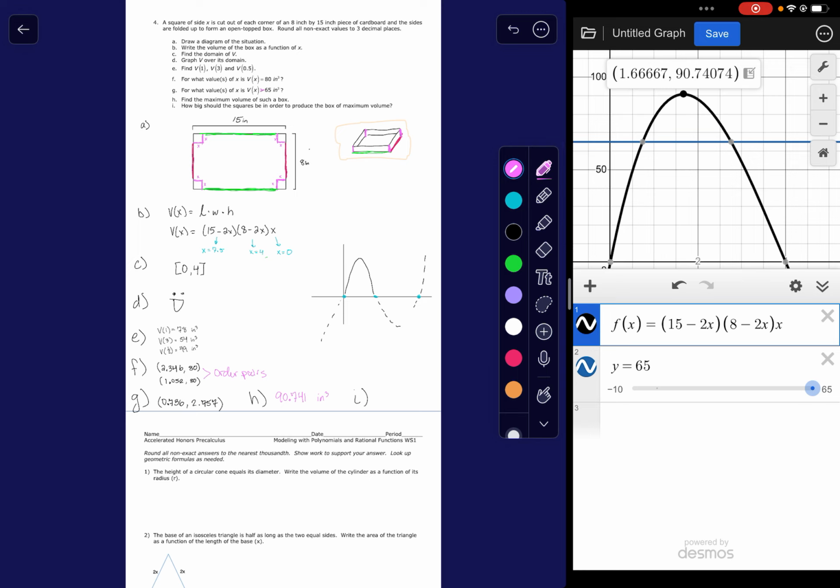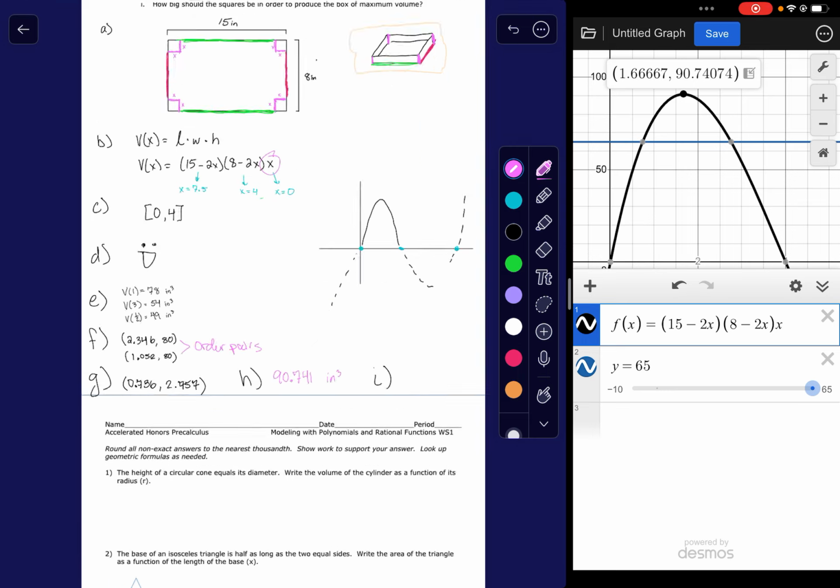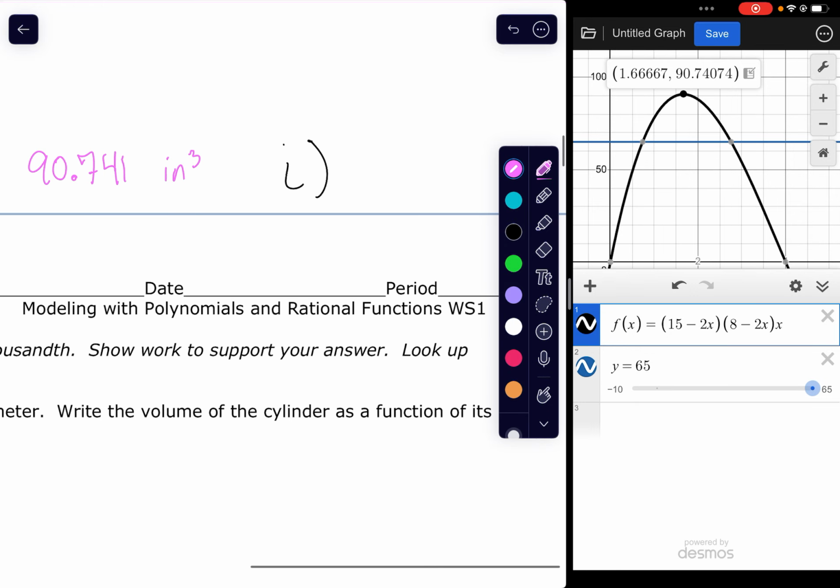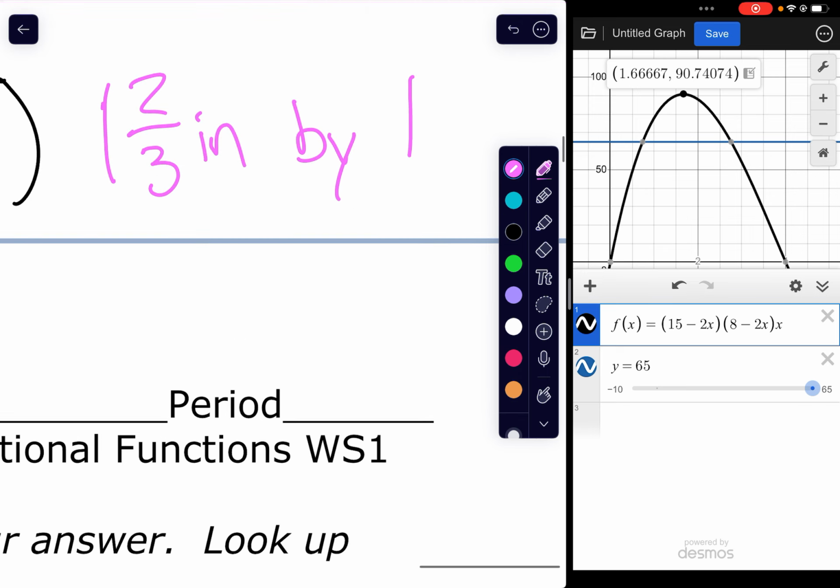That's what the x value stands for, right? If you look at our original equation, this value for x was the cutout. Again, notice my colors in pink, that it matches there. So my cutouts are going to be 1.6 repeating. So I'm just going to write that as a fraction, 1 2/3 inch by 1 2/3 inch.